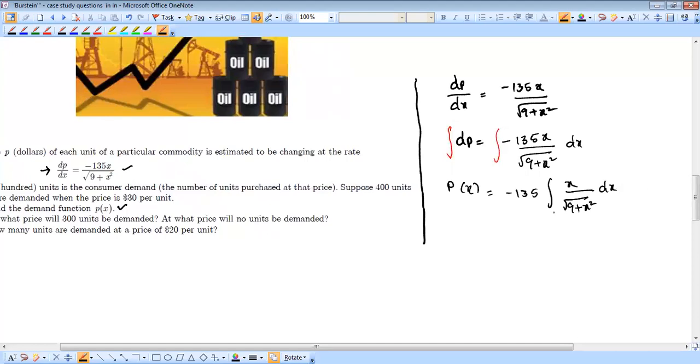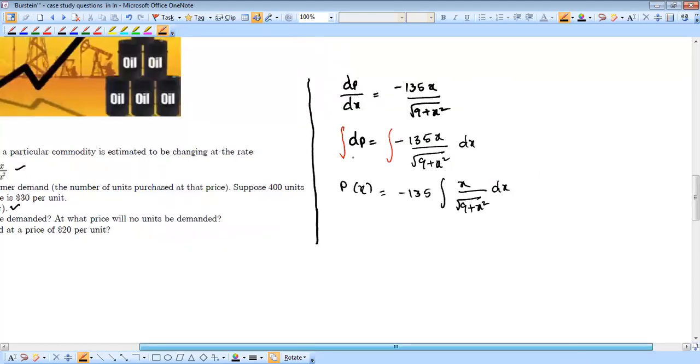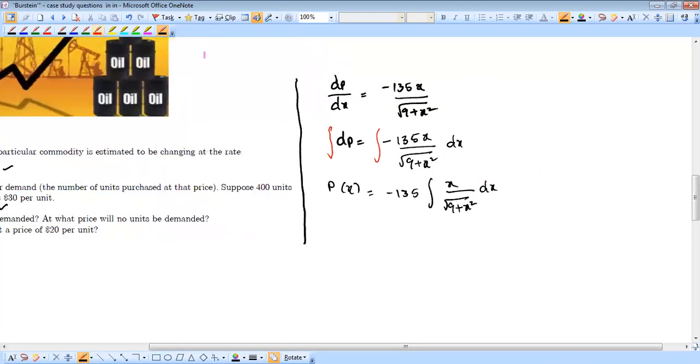Now, what I'm going to do, this denominator 9 plus x square, I'm taking as t, or f of x function. Differentiate it, I'll get 2x dx, which is f dash x.